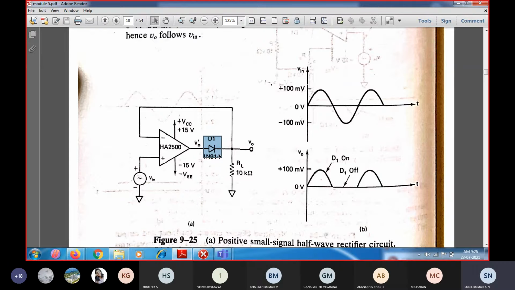There will be virtually no feedback during the negative half cycle, and no path is established, so the circuit output will remain equal to 0.